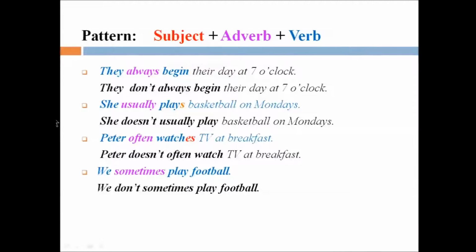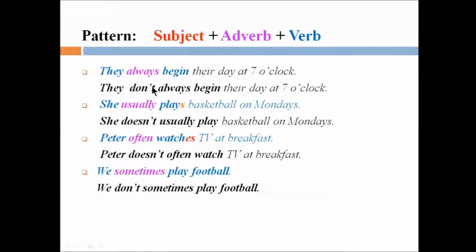That's it, because there is no other main verb here. When you use is or am as the main verb, it is the main verb already. There is no other main verb. So you use usually, sometimes, always, the adverb of frequency, after to be.